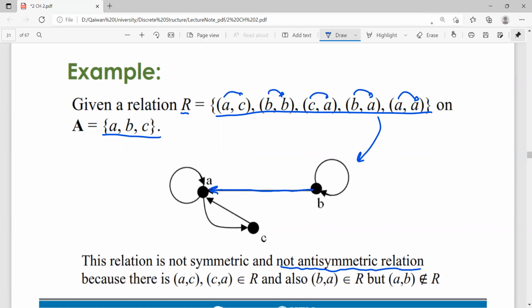That means this is not anti-symmetric, and also it's not symmetric, because we have at least one one-way arrow.